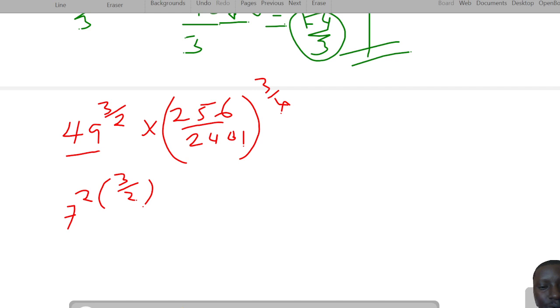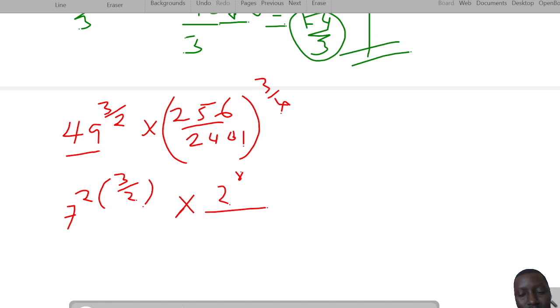Then this one times 256, which is 16 times 16. 16 times 16 is 2 power 4 times 2 power 4. So that gives me 2 power 8. Then this one I divide by 2401.